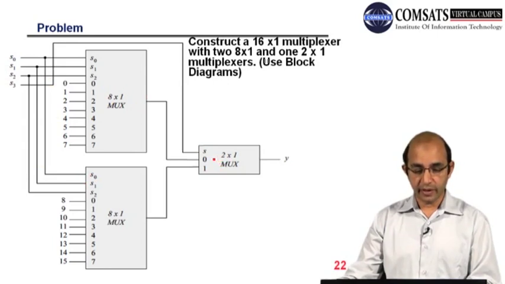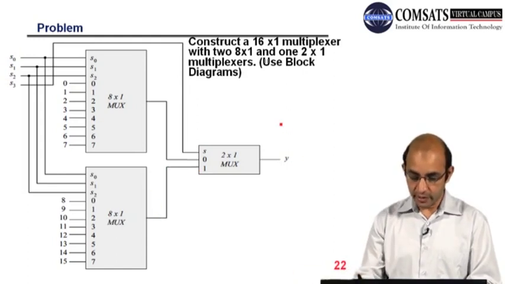Whenever S3 is 0, it means this one will be selected. And whenever S3 is 1, you can see that the other will be selected.